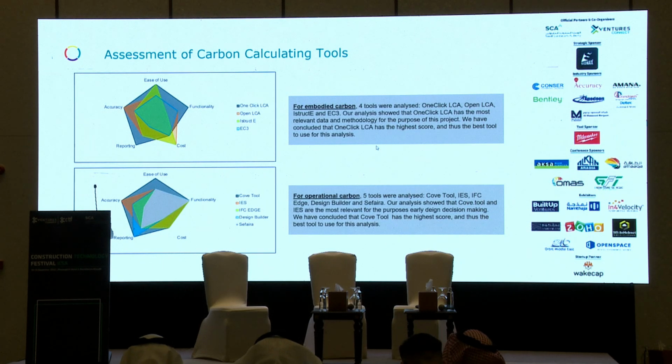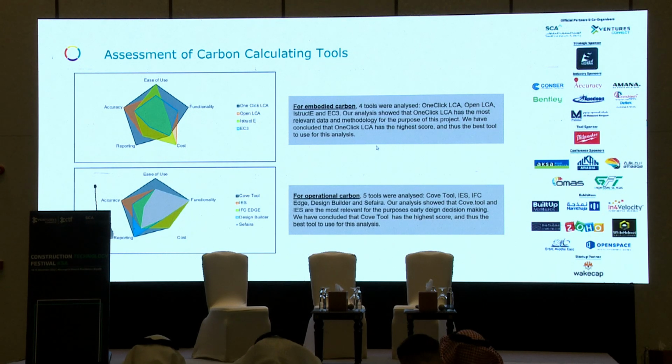And here is something that we did previously for one of our clients. We assessed based on criteria of ease of use, functionality, cost, reporting, and accuracy, to evaluate between 4 tools each, for embodied carbon and operational carbon. On the embodied carbon side, we had One Click LCA, OpenLCA, iStruct, and EC3.